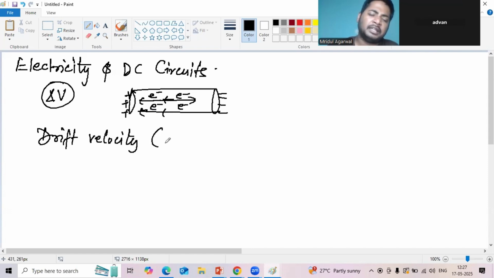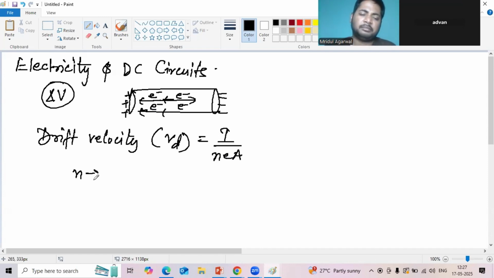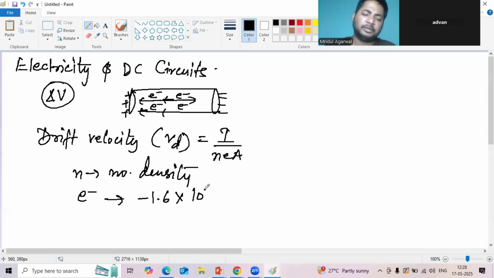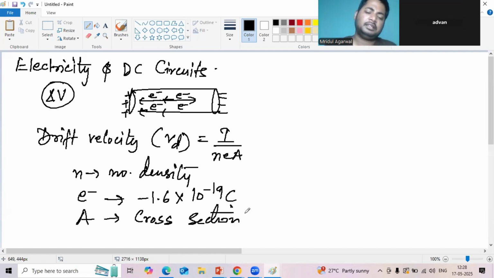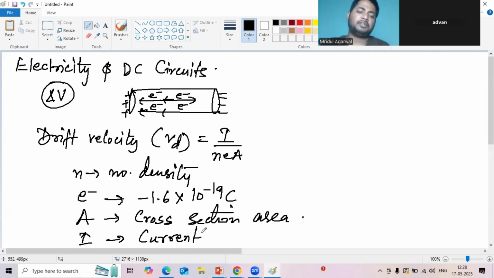Vd is given by I by NeA, where I is the current passing through the circuit and n is the number density. e is the electronic charge, that is given by minus 1.6 into 10 to the minus 19 coulomb, but we don't take the minus sign. A is the cross section area, and I is the current through the circuit. So this is the part for this.